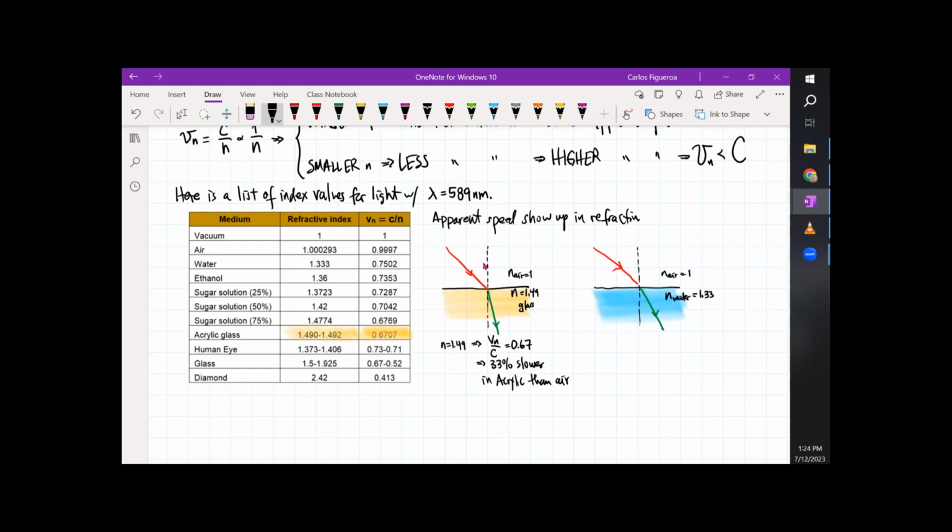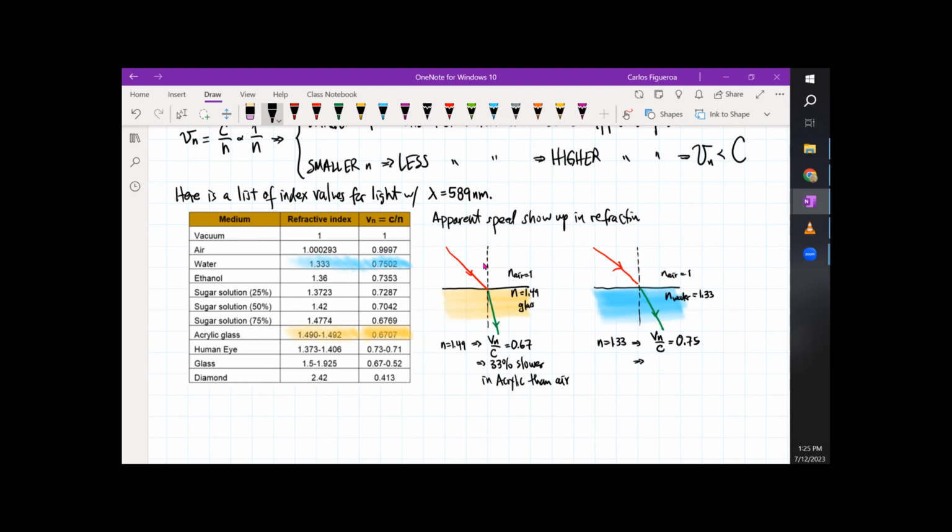But if I look for water, then that tells me the ratio of v to c. Now look at where water is at. This is this guy right here. You could see here that for water, this value is 0.75.